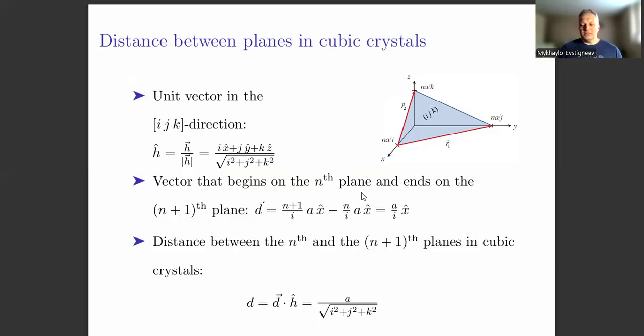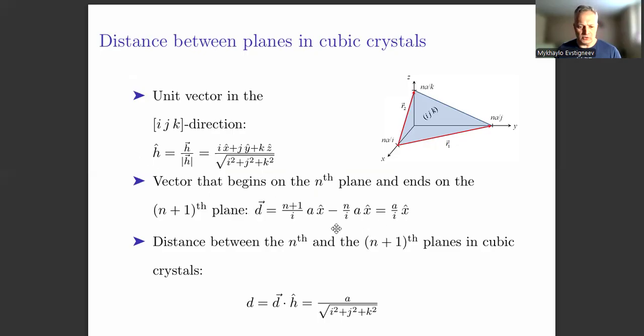Now, the distance between two planes will be simply the projection of the vector d that starts on the plane n and ends on the plane n plus 1 onto the unit vector h hat, which is perpendicular to both planes. A projection of a vector onto a unit vector is simply a dot product of the given vector d and the unit vector h hat.